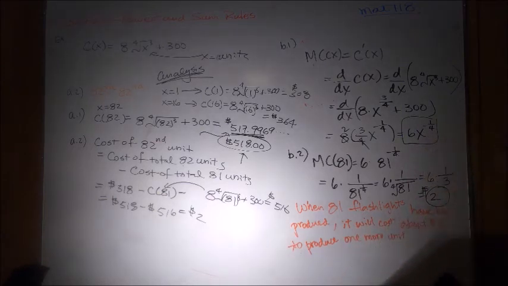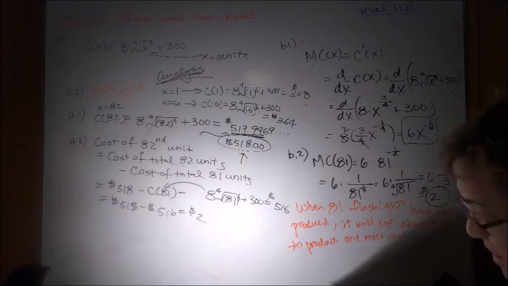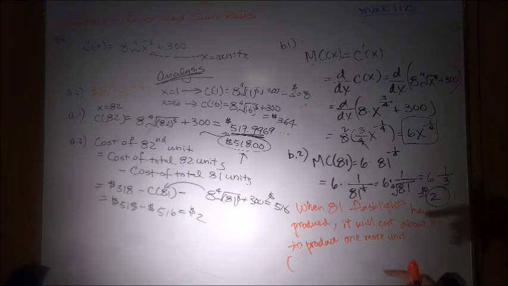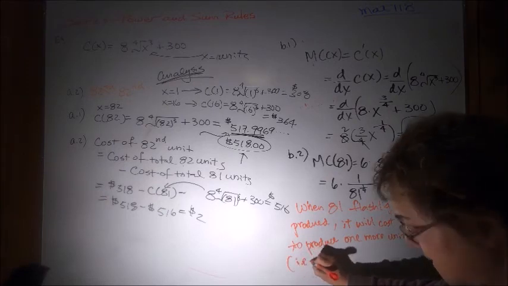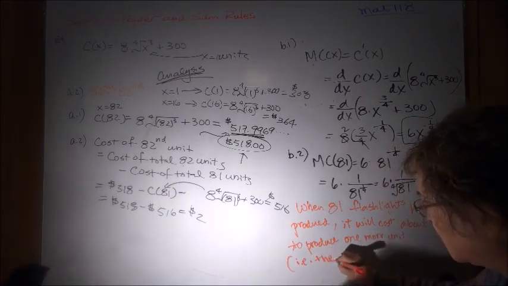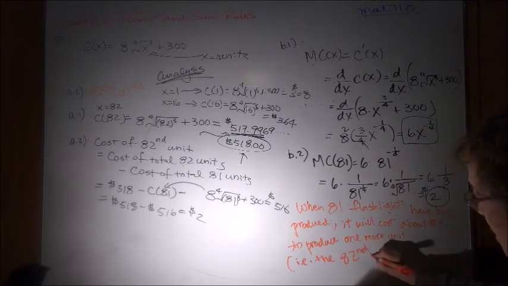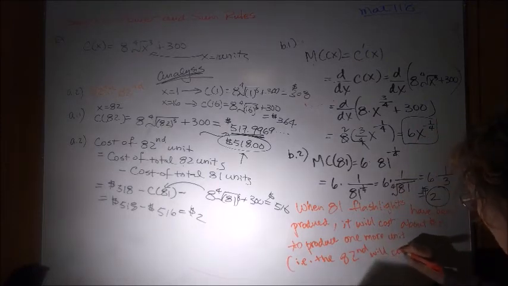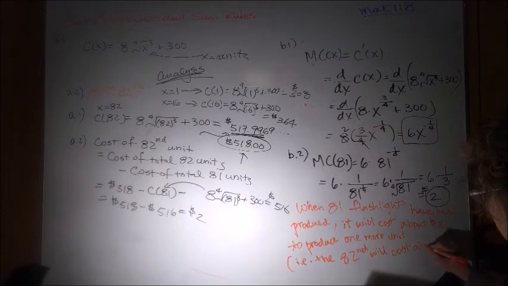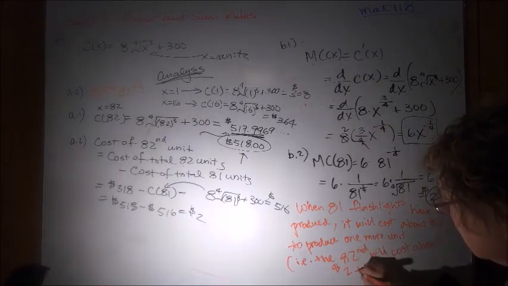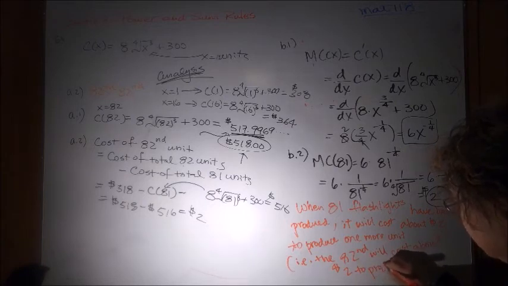One more unit of flashlight, right? That means to produce one more unit after 81 units were produced. That is the unit we are talking about, the 82nd unit, right? It will cost about $2 to produce.